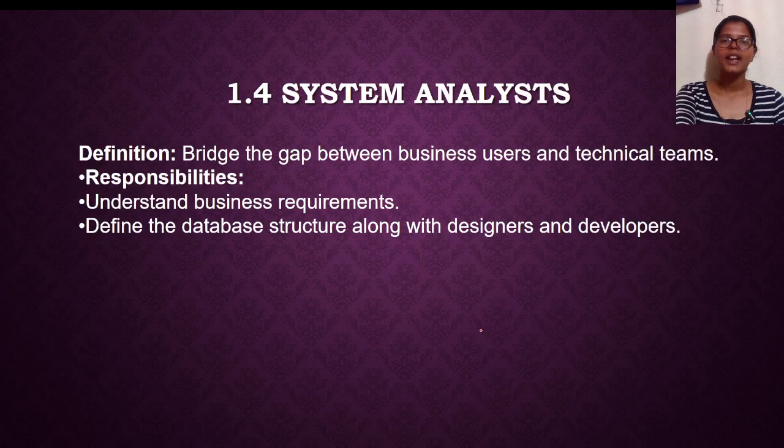Next, the system analyst. We can call him the mediator. He bridges the gap between the business users or the client and the technical team. The system analyst communicates with the client and the technical team. His responsibility is to know the requirement of the user, and based on that, update the technical team.